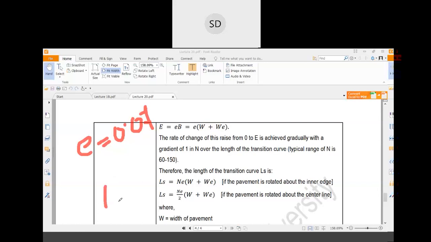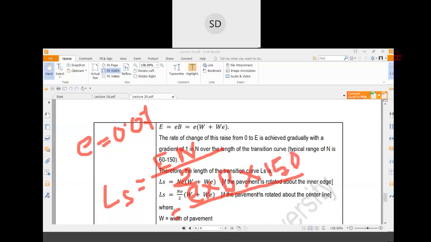So your LS as per the introduction of the super elevation would be e into B into N divided by 2, where N is given as 150.